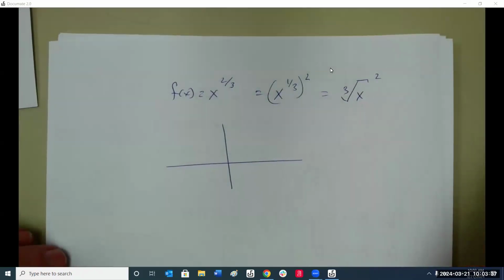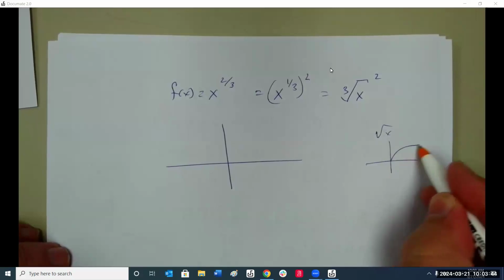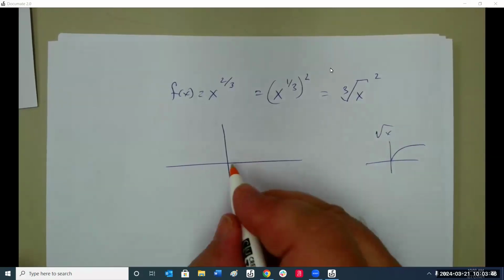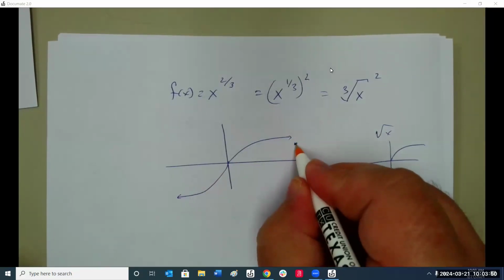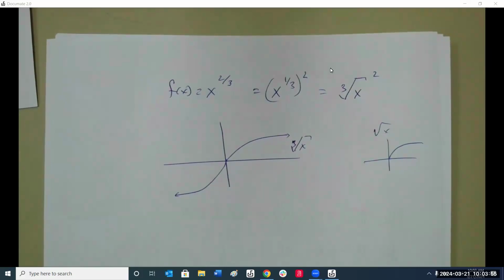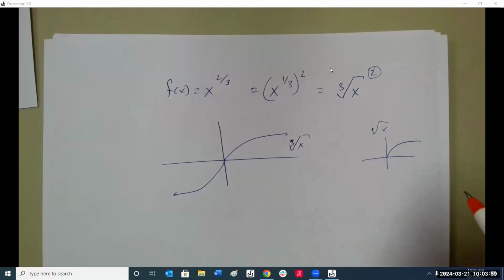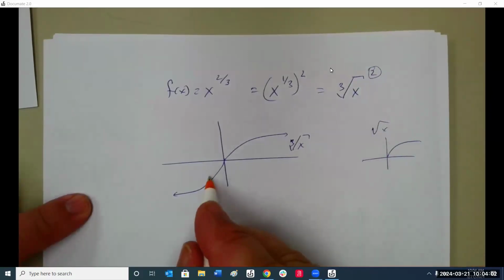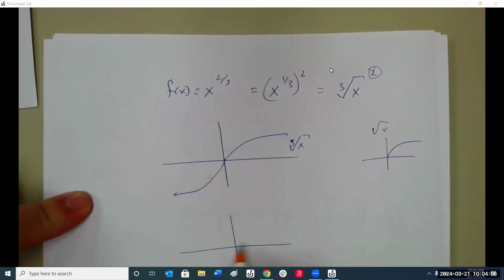What does the cube root of x look like? Remember, square root of x is this graph. Cube root can be positive and it can be negative, right? That's the cube root of x. So far, so good. If we square it, what happens? The negatives become positive, so it will look like that.